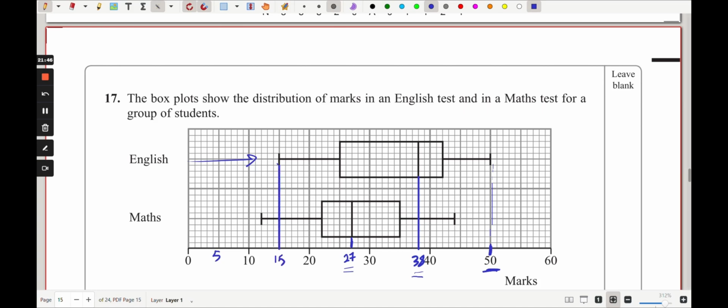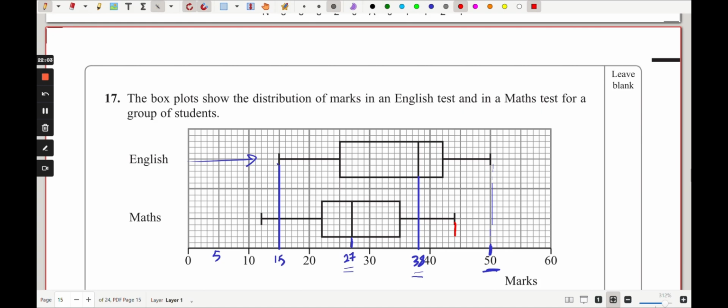So 50 minus 15 is 35. From the quartiles here we can find the range for maths also.